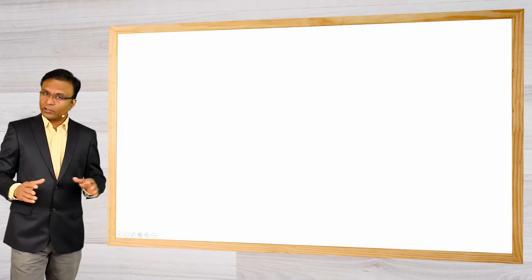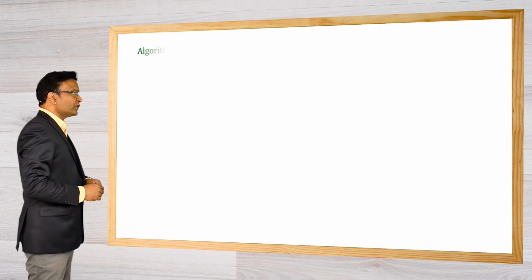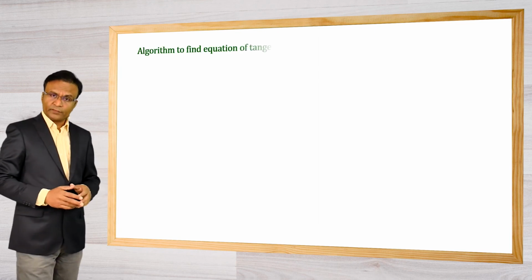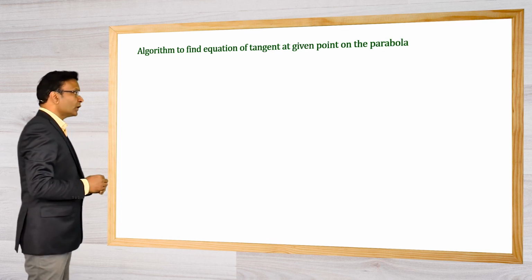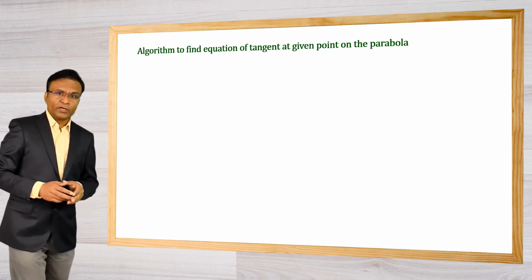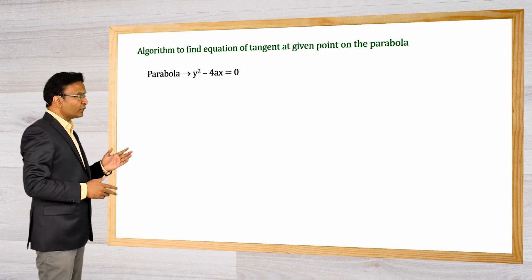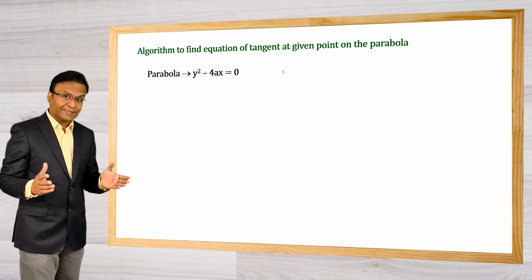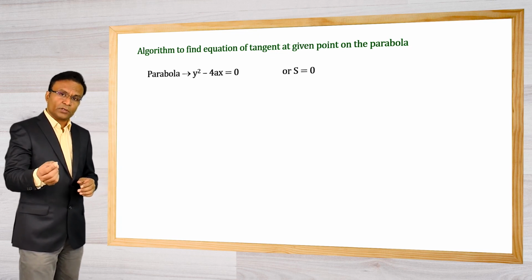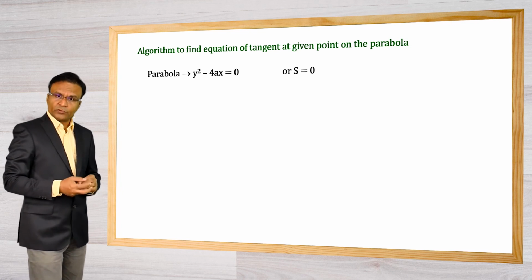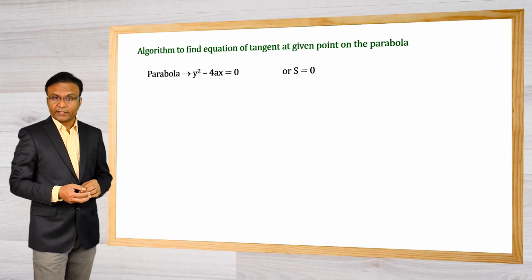Okay, now from this equation of tangent we have an algorithm to find the equation of tangent at any point on the parabola. We have the equation of parabola y square is equal to 4ax. We consider this equation as S is equal to 0. We use the symbol S. S stands for second degree equation. We know that the equation of a conic section is a second degree equation.